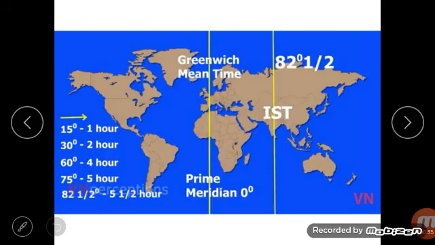The world is divided into 24 standard time zones, because all the countries have their own time zones. Here you can see the longitude passing through the center of each time zone.